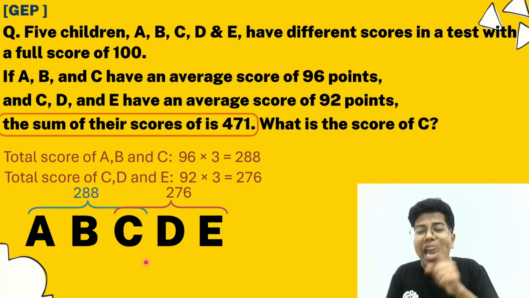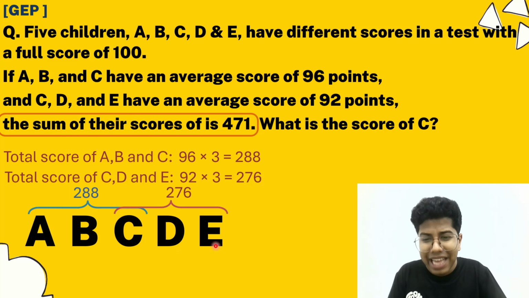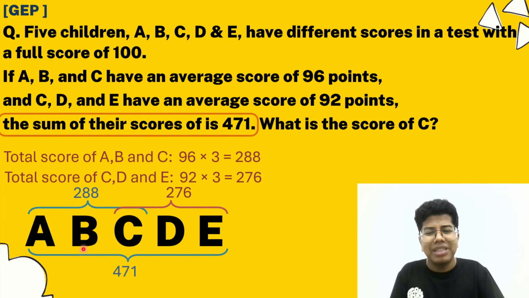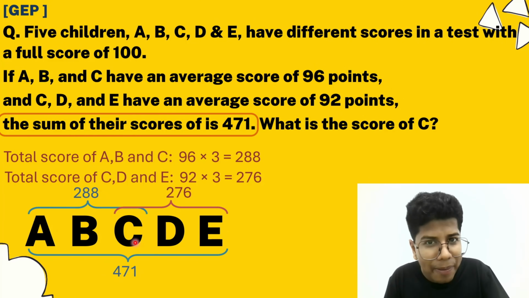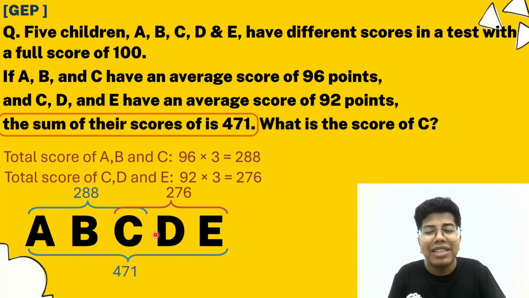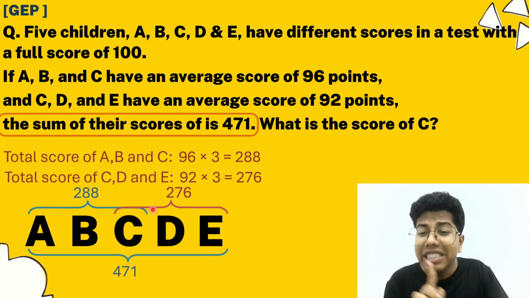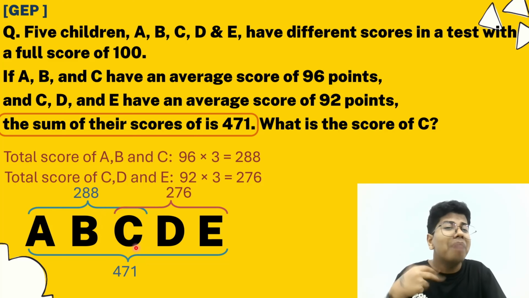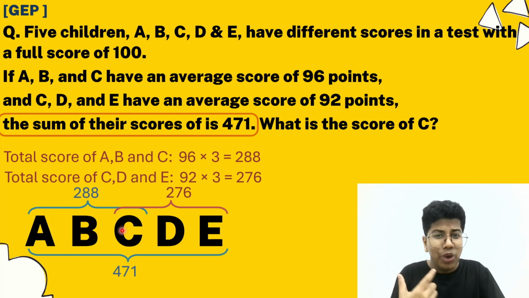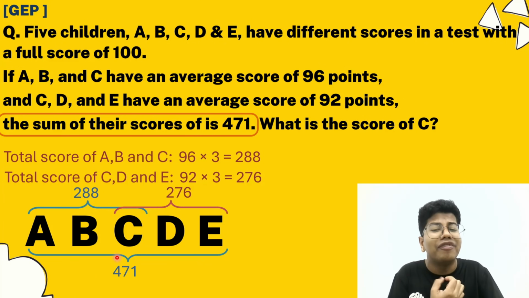This means A plus B plus C plus D plus E, this total, is 471. And we need to find the score of C. So one thing we can observe here: from A, B and C it's 288 and C, D and E is 276. This means C is the repeated part. So we can observe 288 and 276, the sum is bigger than 471.